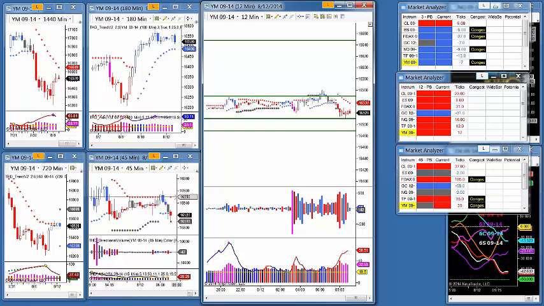What will stop it from testing the ATR on the 45-minute chart? It will be the ATR that is here on the 12-minute chart, which is currently at 538. Does everybody understand what I just said?